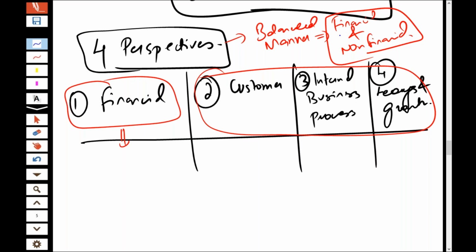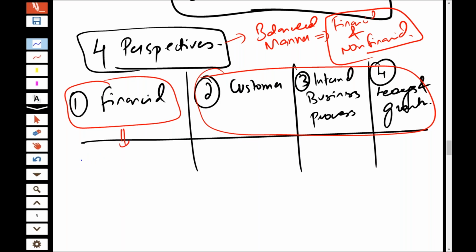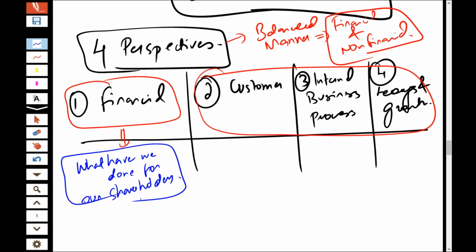What are these four perspectives? The first perspective is the financial. You need to see what we have done for our shareholders.